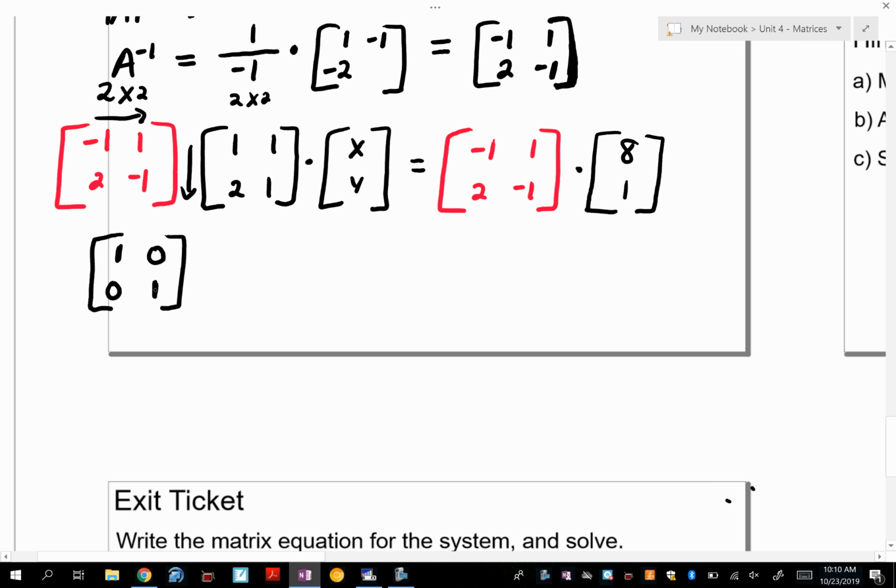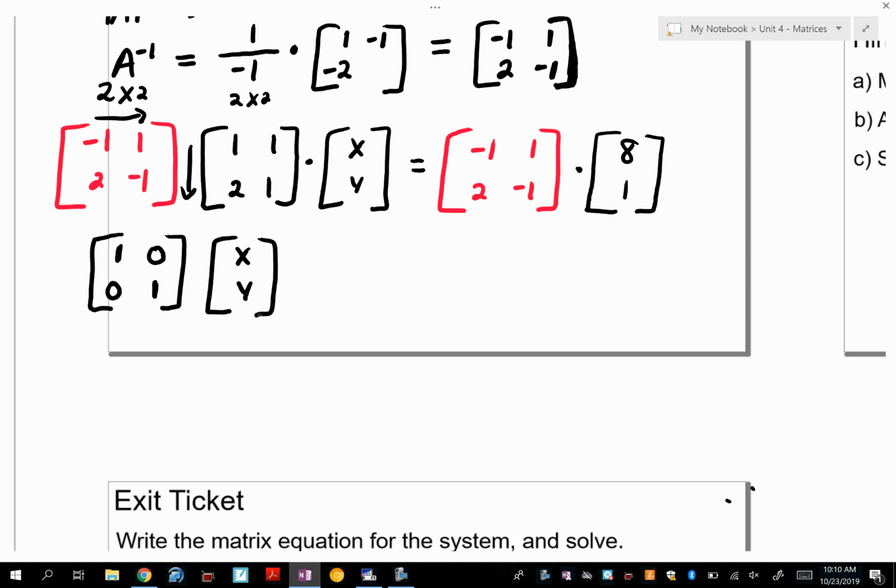This matrix that has 1s in the first diagonal and 0s in the other diagonal is called the identity matrix. And this matrix is important because whenever you multiply it times any other matrix, like x and y, you're going to have the result of x and y every time.